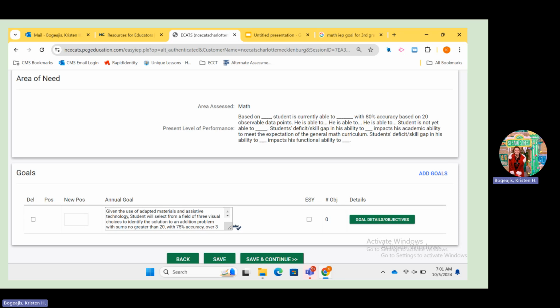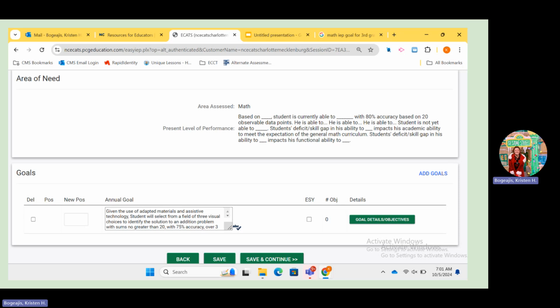This is really important because all of your present levels should have at least one, preferably more, piece of concrete data in them. You should definitely be using that on their "I can" statement. So what are they able to do? And then you can include as many "able tos" as you want. He is able to identify shapes. He is able to identify colors.